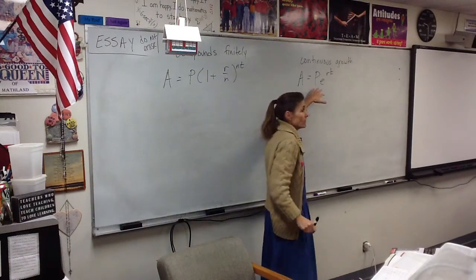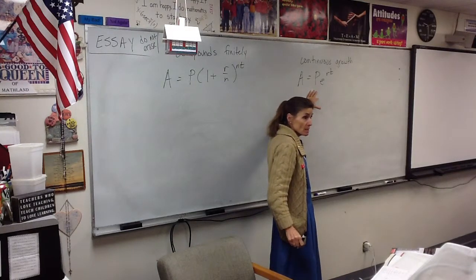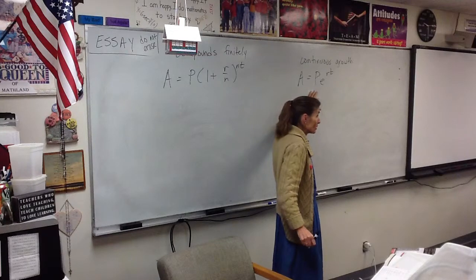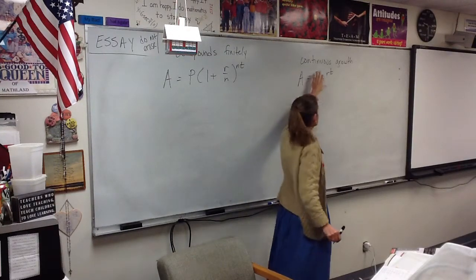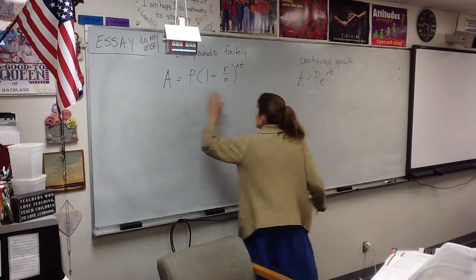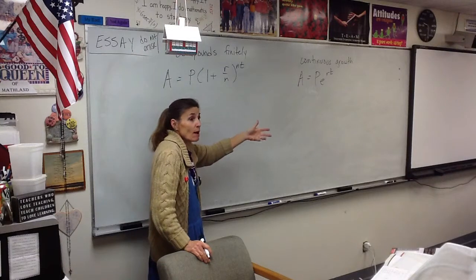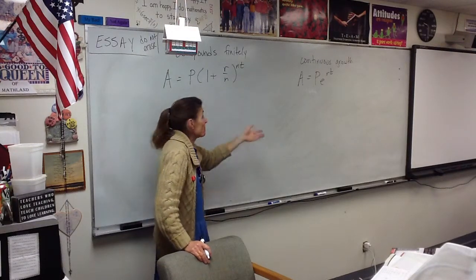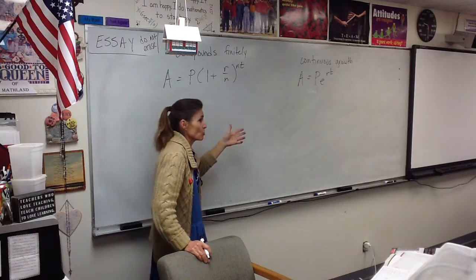So this is the formula that we'll use, let's say, if we have a bacteria culture and we want to study the population of bacteria in that culture. This is the formula that we'll use, because this is continuous growth. This is the formula we'll use when you take your money down to the bank and you put it in and they compound quarterly. That means your money grows 4 times a year. That's not the way anything in nature works.